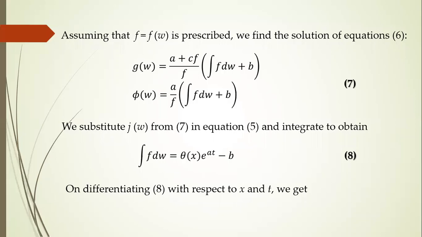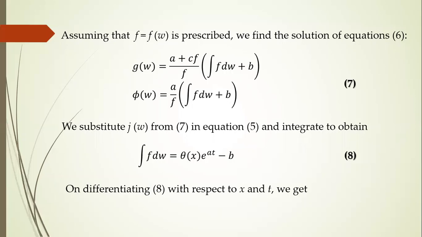Let it be equation 7. We substitute from 7 into equation 5 and integrate to obtain ∫f dw = theta(x) e^(at) - b. Let it be equation 8.